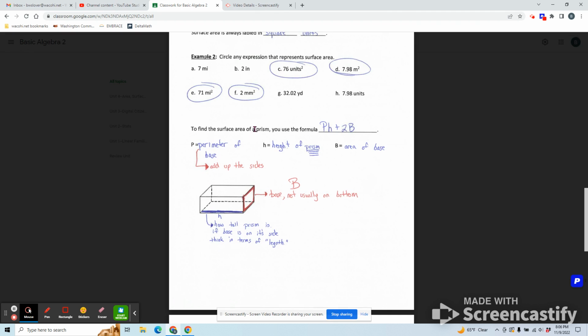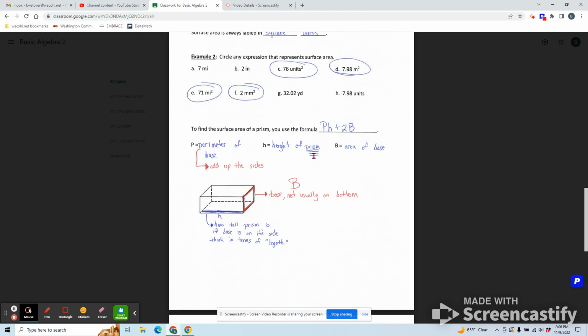To find the surface area of a prism, for purposes of this class, we are going to use the formula Ph + 2B. Now, right now, it doesn't make a whole lot of sense. But the uppercase P is the perimeter of the base. And if you forgot how to find the perimeter of something, it's where you add up all of the sides. The h in the formula represents the height of the prism.